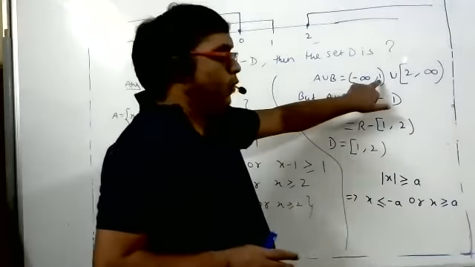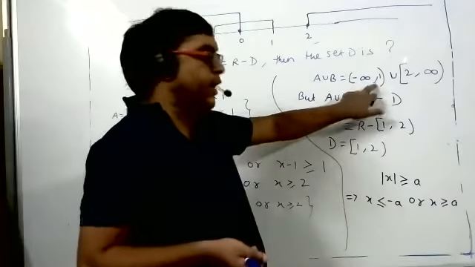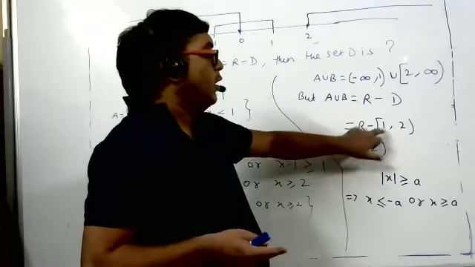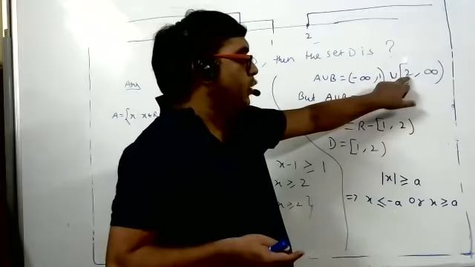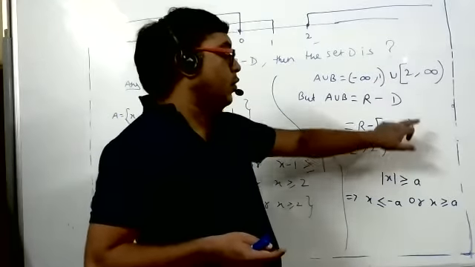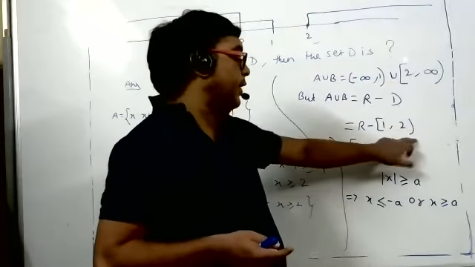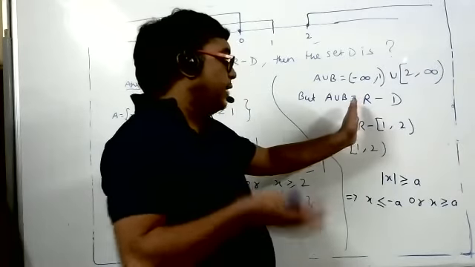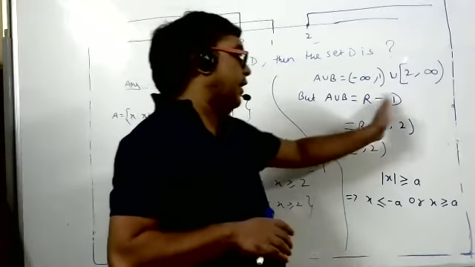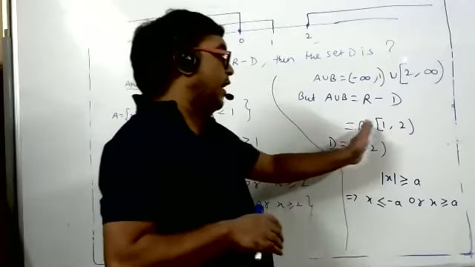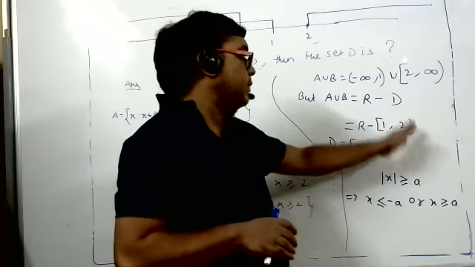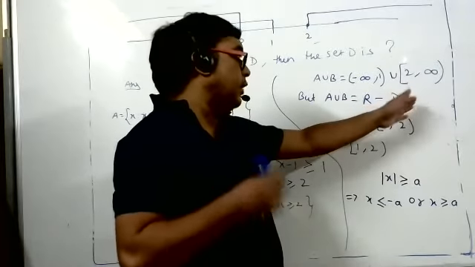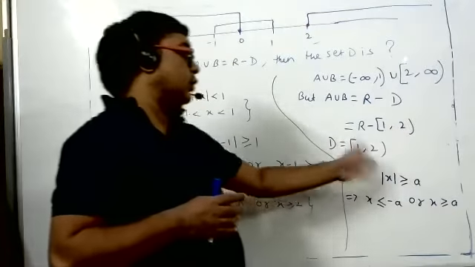So here 1 was in an open bracket, so that's why I put a close bracket. Comma 2. 2 was in a close bracket, so I put an open bracket. According to them A union B is R minus D, but for me it is R minus (1, 2). So comparing, we come to the conclusion that D is (1, 2).